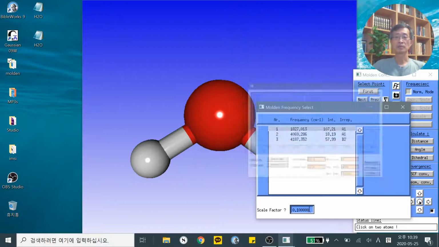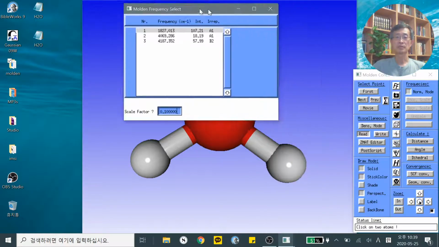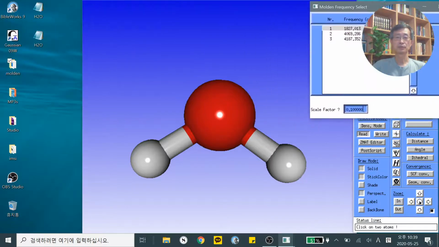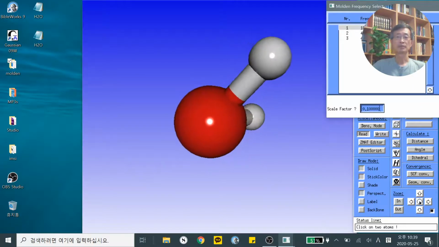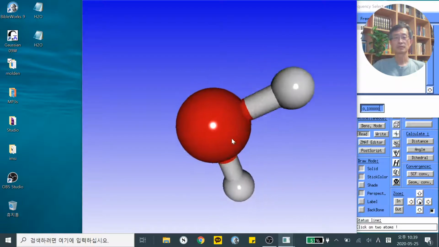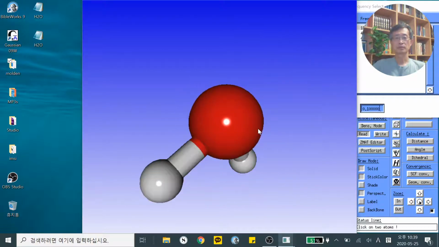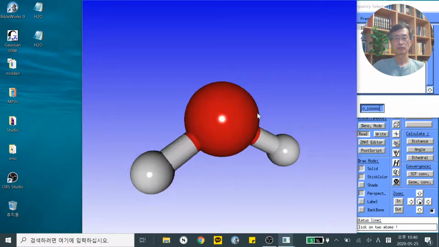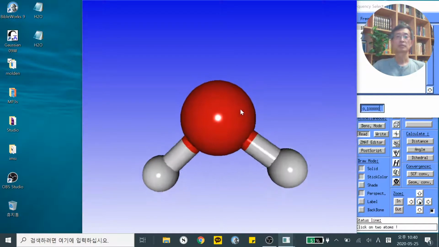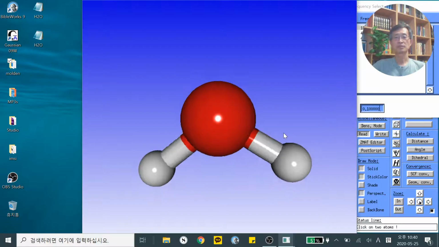So let me just show you this vibration. This is that vibration. Just look. What does it look like? It looks like a symmetric bending motion, symmetric bending.